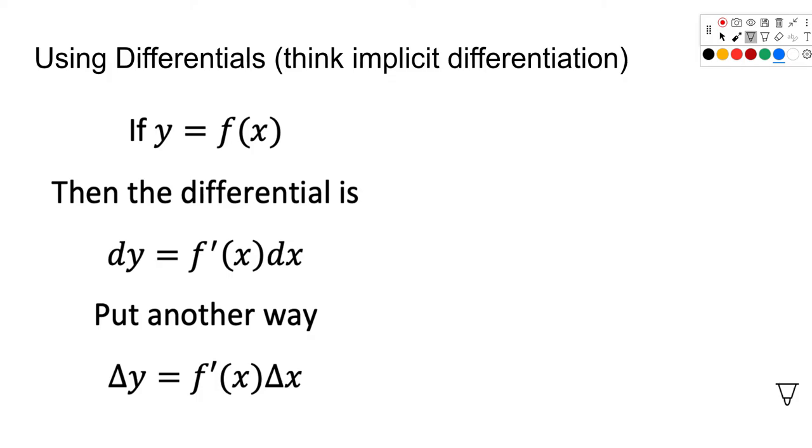So whatever f of x is, if we take the derivative of f, what we've really been doing all along is calling this the derivative of y with respect to x, equal to f prime, a different notation. Notice if we multiply both sides by dx, we get this differential equation.